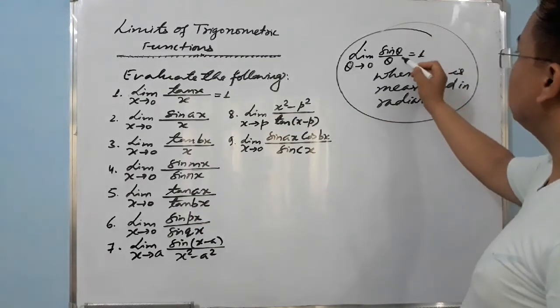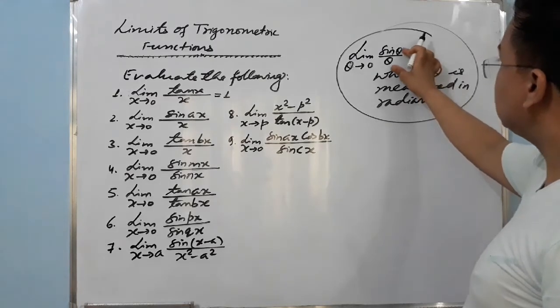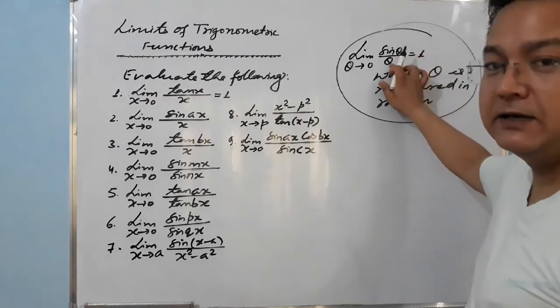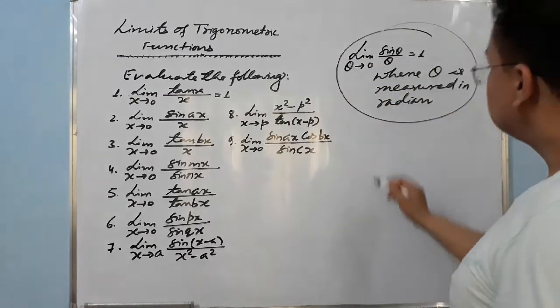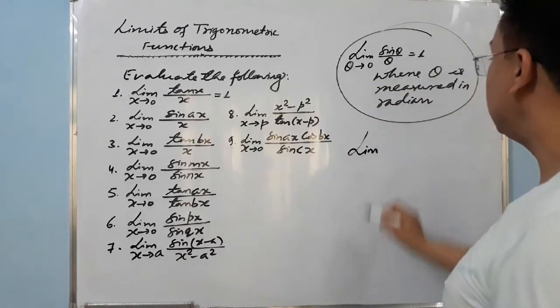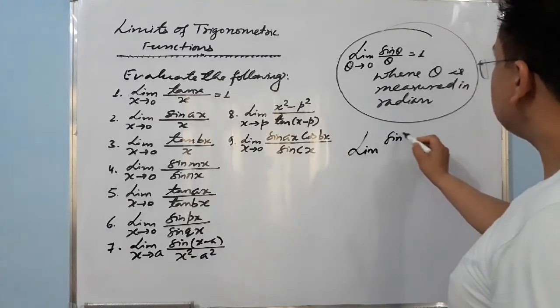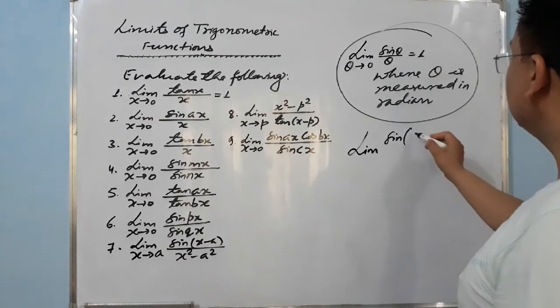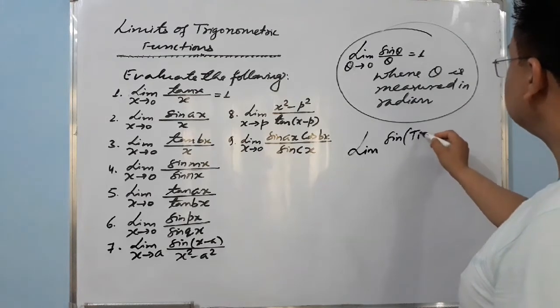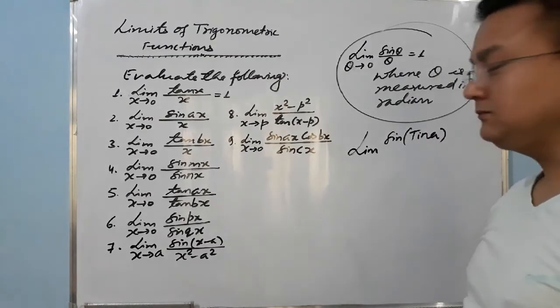Here we need the same thing. If here we have theta, we need theta here also, and then here also we require theta. Let me take one simple example, sine of any name, let's say Tina.